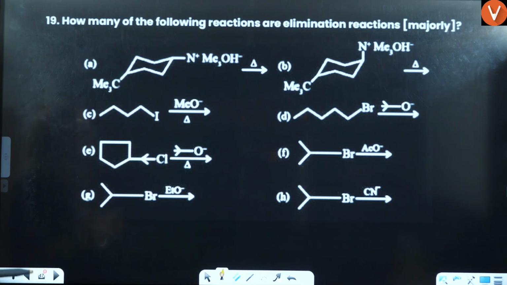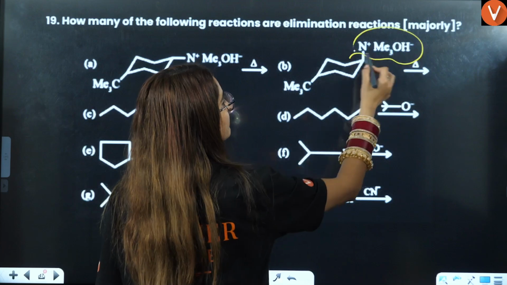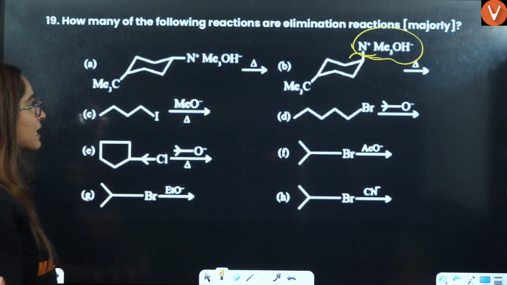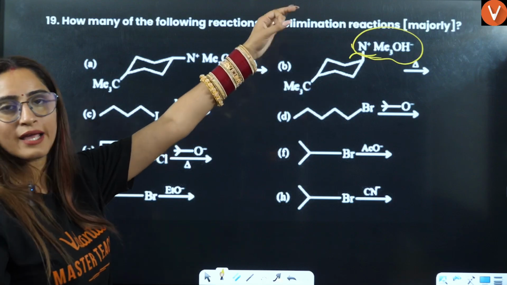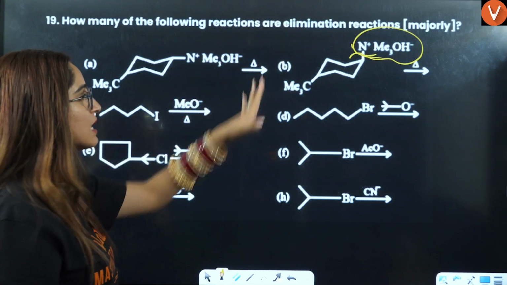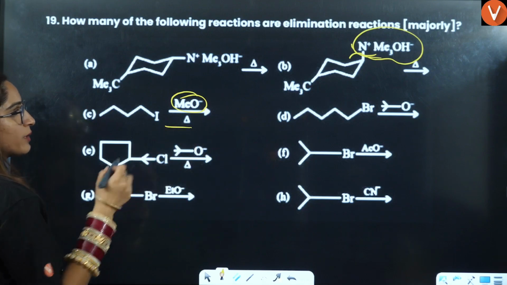Firstly, as you can see, out of first and second, because of the steric factors, this is going to show elimination reaction, right? This is also showing it again because of the steric factors. Here, this is a strong base, so it can show elimination.